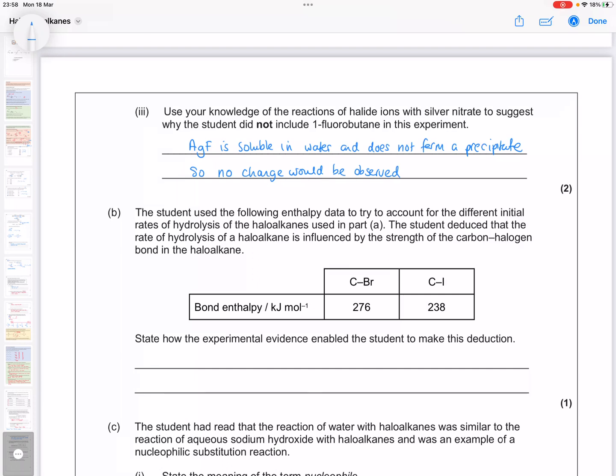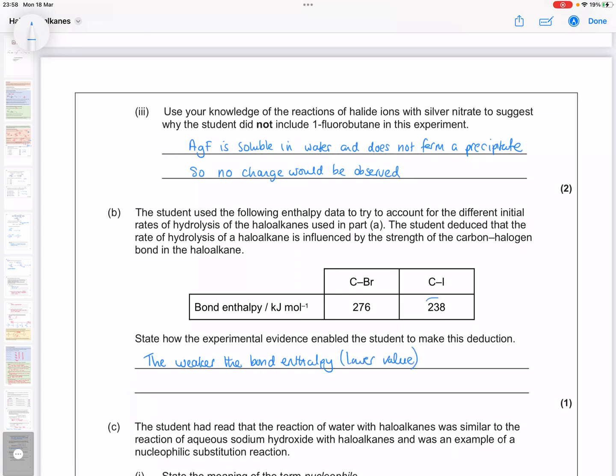Okay, so when we're looking at this, we want to link together the bond strength with the speed. So the weaker the bond enthalpy, so that would be a lower value, would make it weaker.